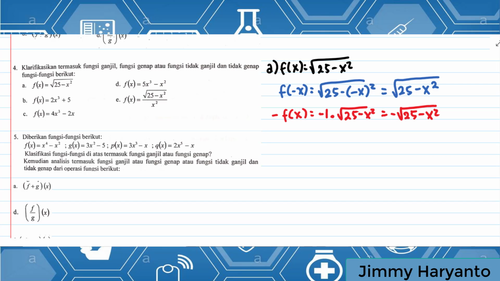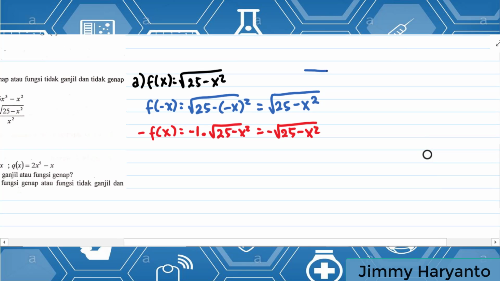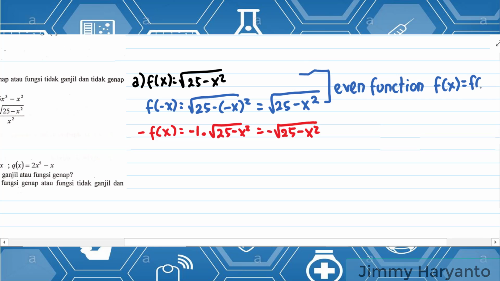If the first and the second one are the same, then it means the function is an even function. The condition for an even function is that f(x) should equal f(-x). This is f(x), this is f(-x), the same.